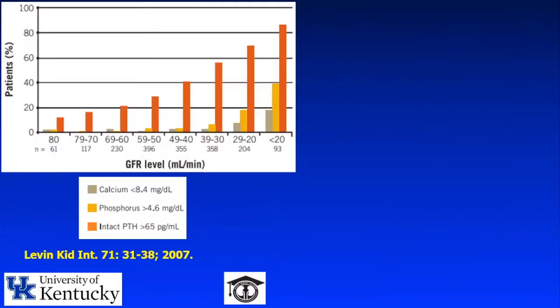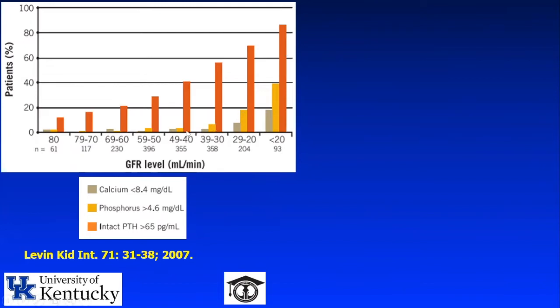So as we have known for at least 2-3 decades now, with loss of kidney function, PTH goes up; more than 80-85% of patients with GFR less than 20 will have hyperparathyroidism.